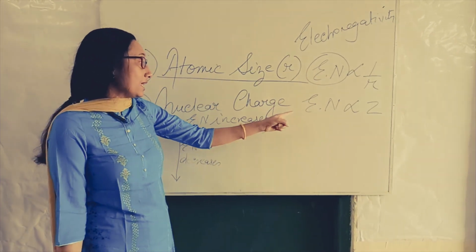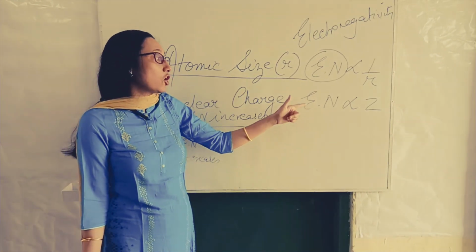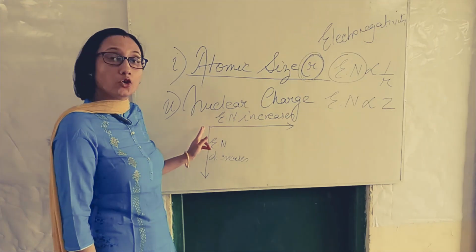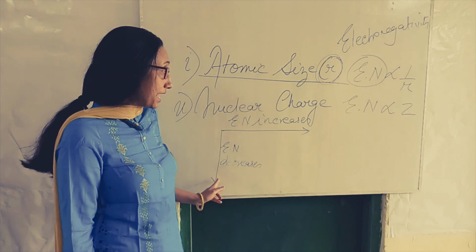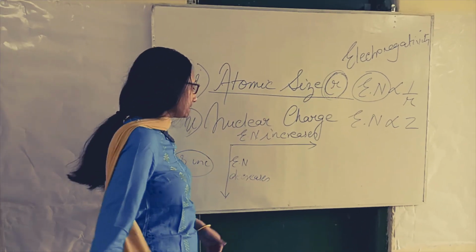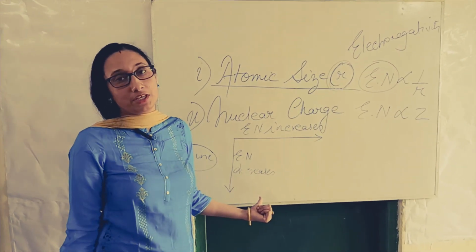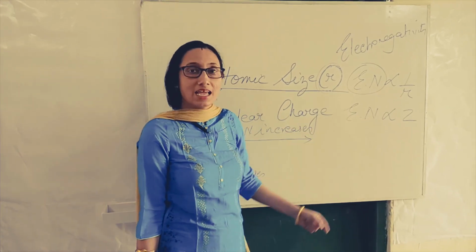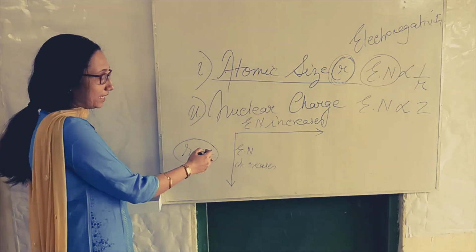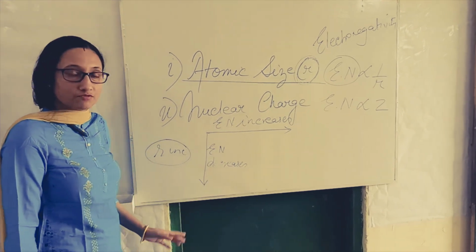At the same time, across a period, nuclear charge also increases. So this is also favoring the increasing electronegativity. Now down the group, from top to bottom, atomic radius increases. Hence, electronegativity will decrease. Here also we have the same competition between R and Z. And always it is R who wins. So here R will play the key role in determining the trends in electronegativity.